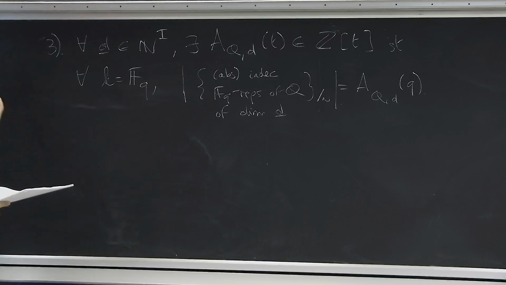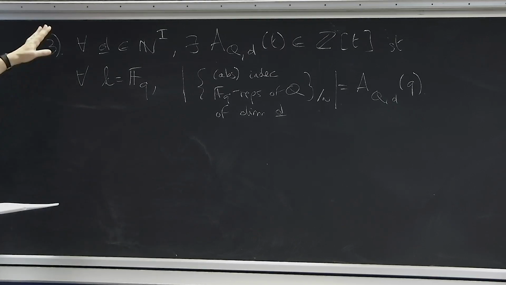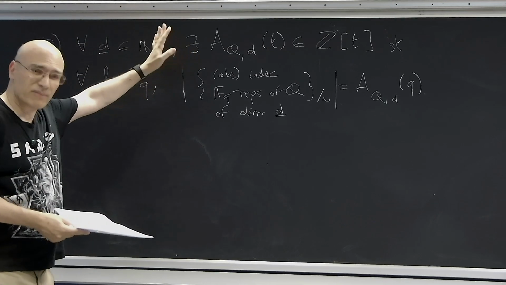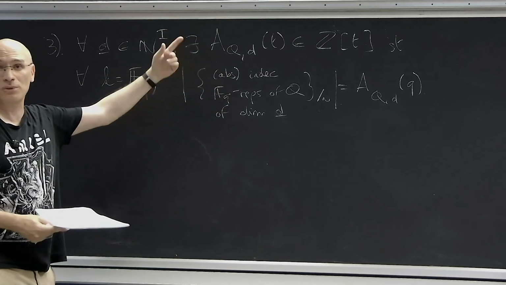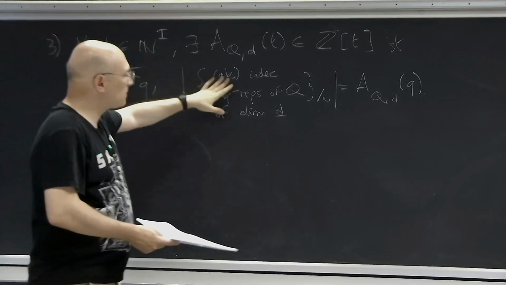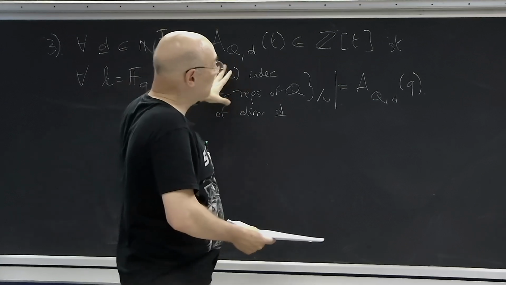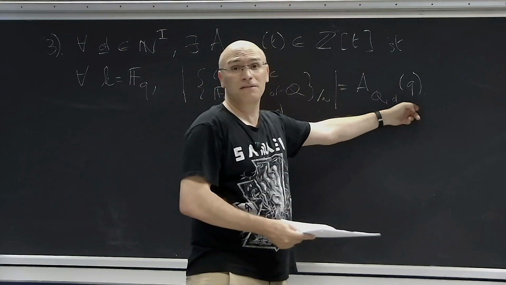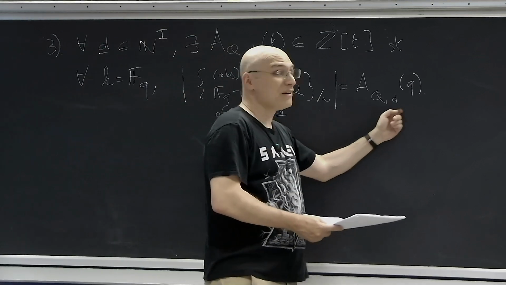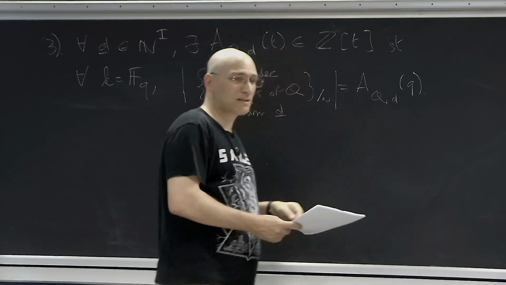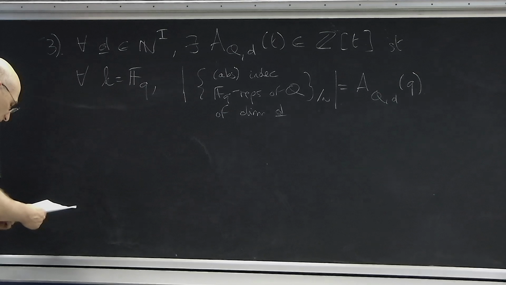So the number of absolutely indecomposables, those which remain indecomposable when you pass to the algebraic closure, is polynomial in the size of the finite field. Okay, so now we have all the coefficients of these polynomials, right? So that's an interesting invariant.